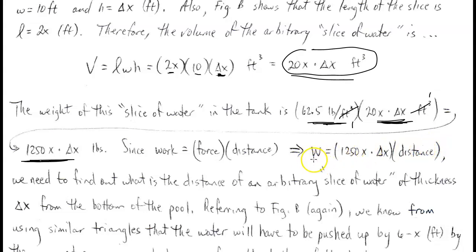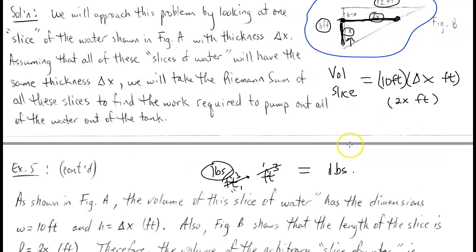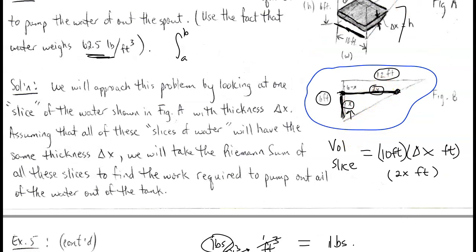And so now we know that the work involved will just be this force, or the weight of that particular slice, times the distance that it has to travel. And again, I'll go back to the picture here, we know that at this particular point, where we're x units above the bottom of the tank, we have 6 minus x units to go to get out of the tank, okay?